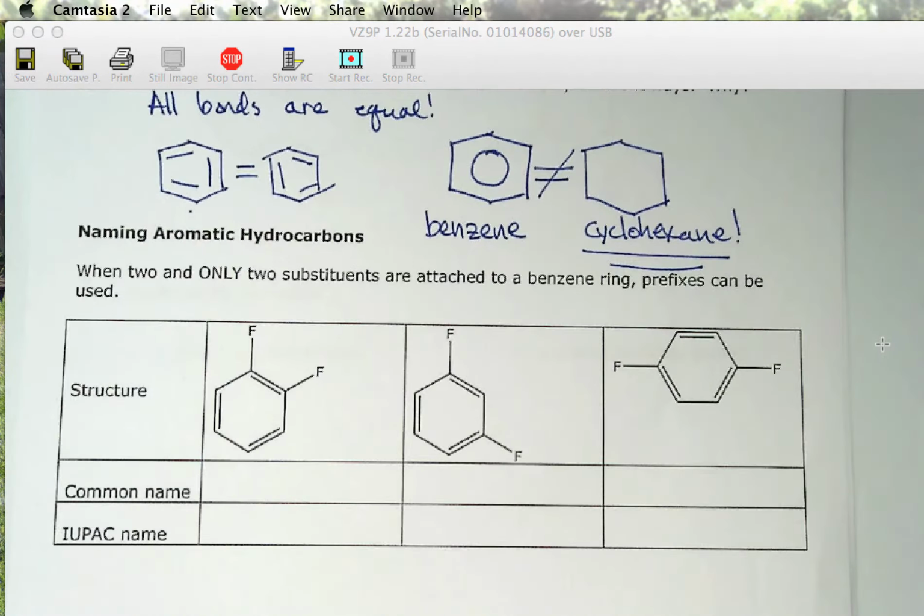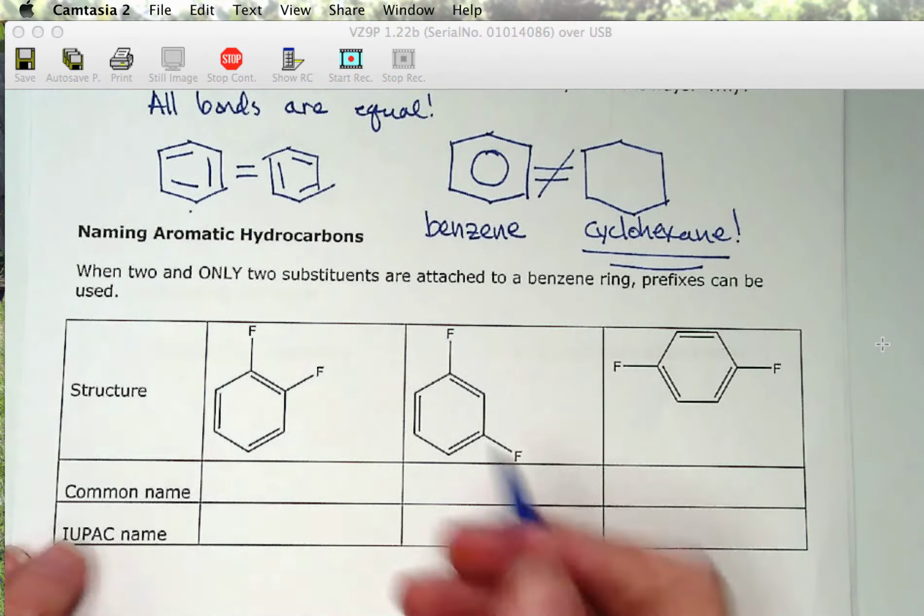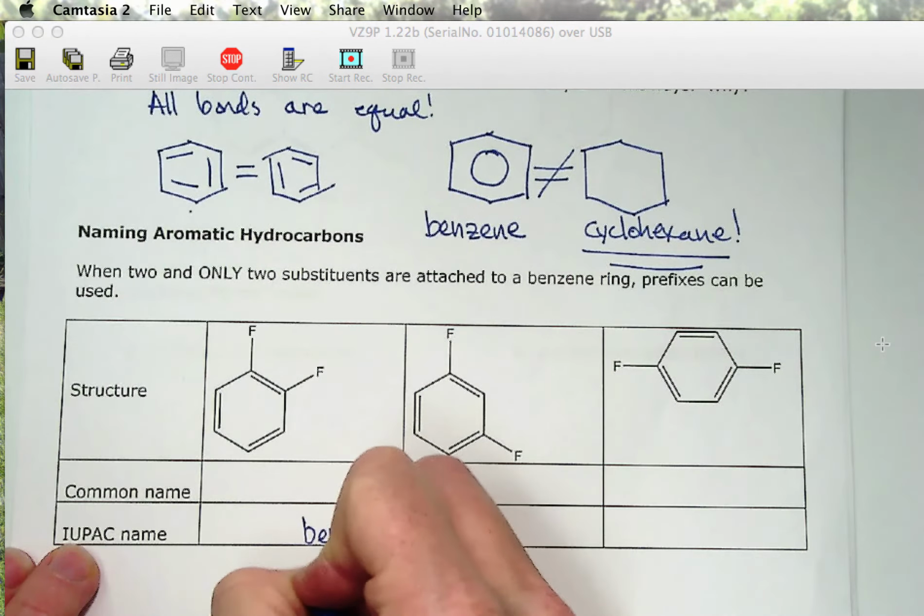So naming aromatic hydrocarbons. When you see a ring with alternating single and double bonds, or the circle, and that's the only thing, there isn't a longer chain, there isn't a chain of 8 or a chain of 10 or a chain of 7, the parent is benzene. So the IUPAC name would be benzene.